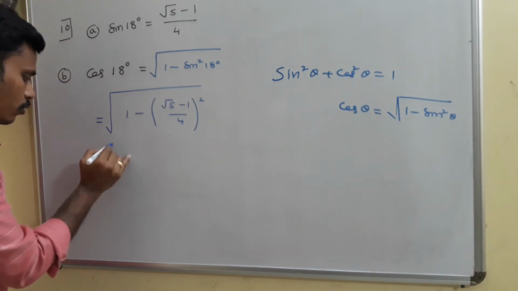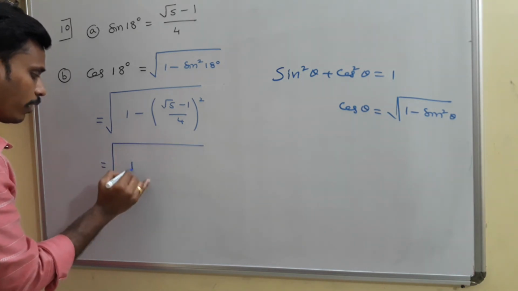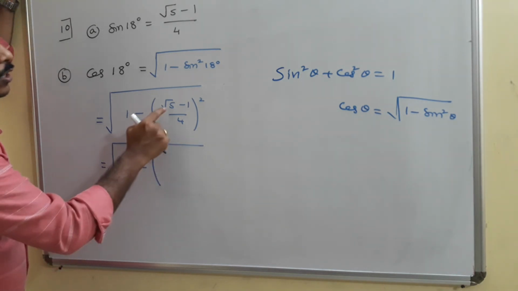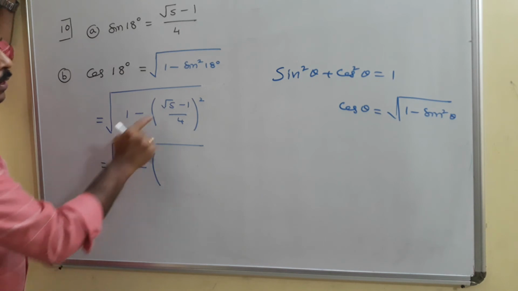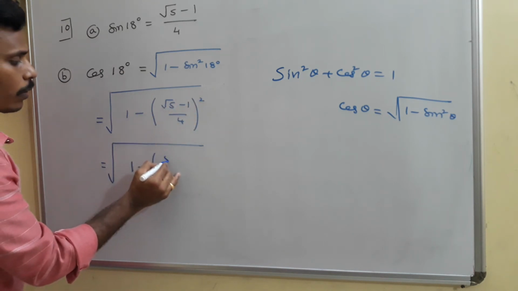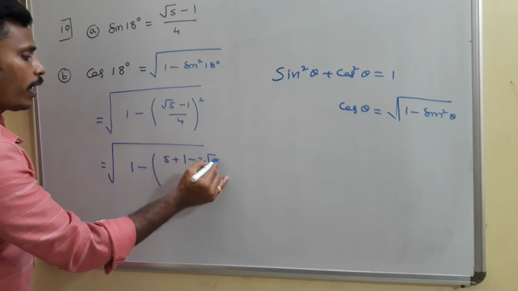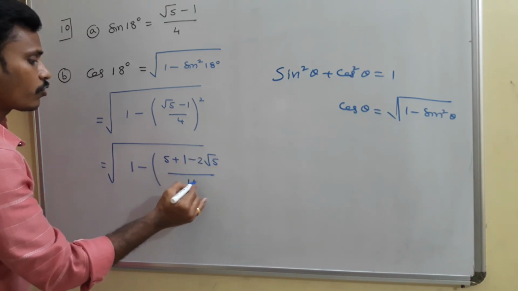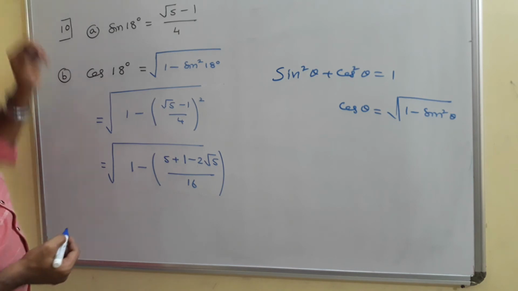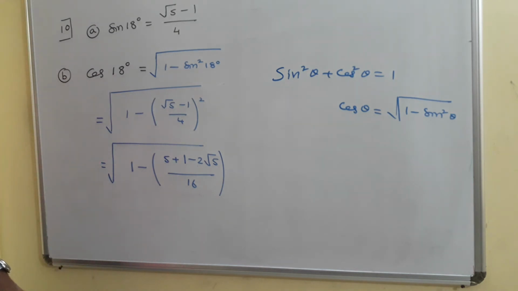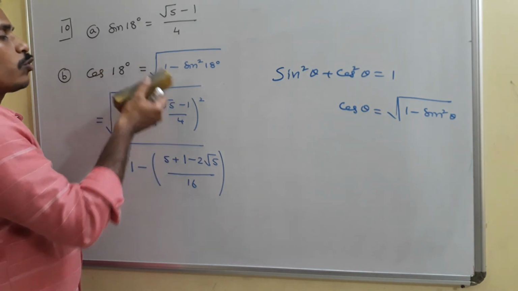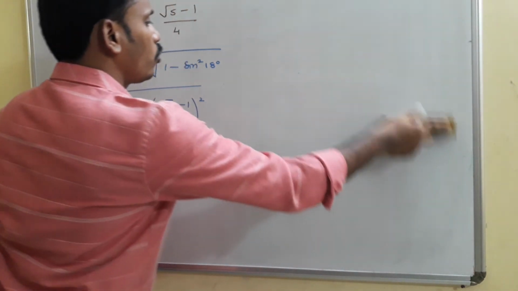So that is the square root of 1 minus (root 5 minus 1)² by 16. For (a minus b)², a² plus b² is 6, so it is 6 minus 2 root 5 divided by 16. Further we need to simplify.